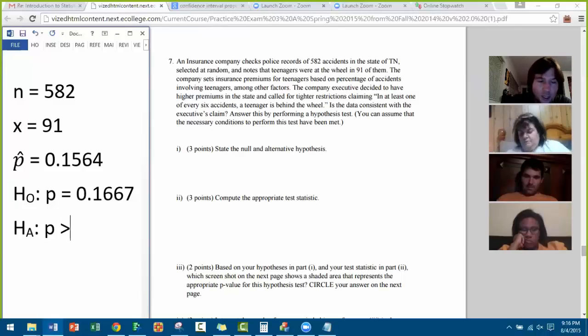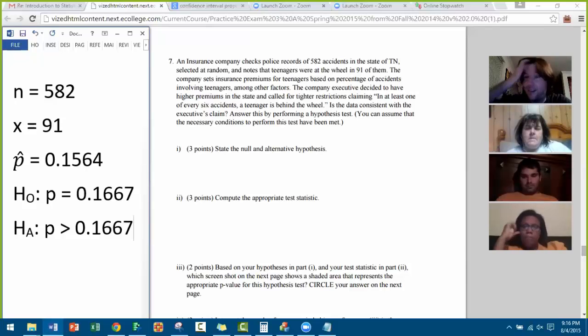And it is that P is greater than 1/6. He says in at least 1 out of every 6 accidents, so the true proportion of accidents is at least 1 out of every 6, which is greater than 1 out of every 6.